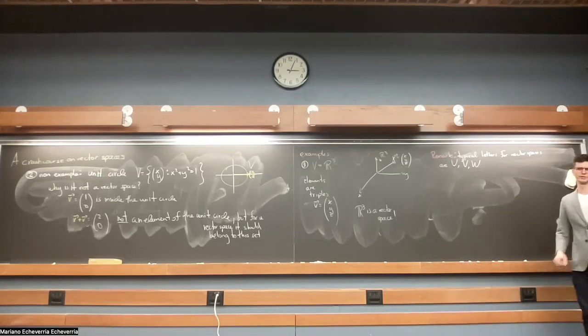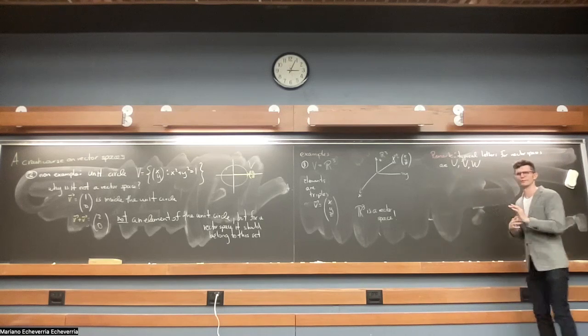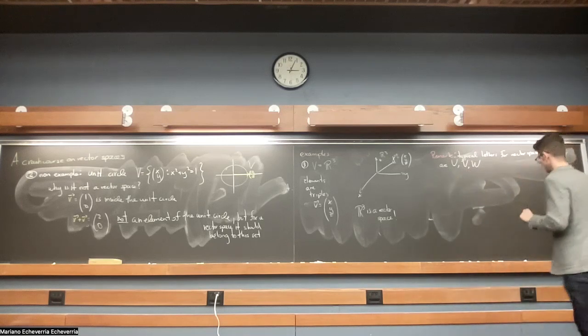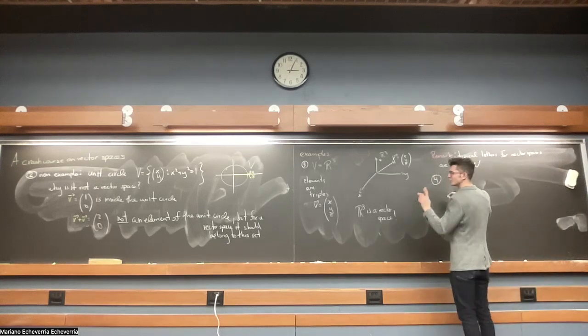If you had more, you would just call them U1, U2, U3, V1, V2, V3. Typically, you don't go beyond those three letters for vector spaces. So here's a fourth example. Let's call it W.